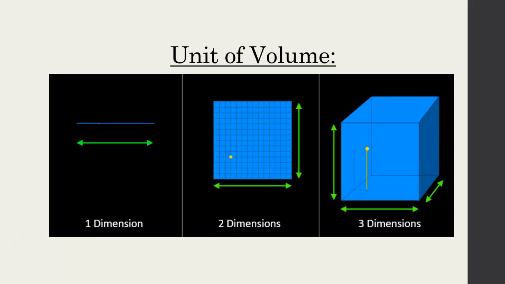We can move up and down, left or right, forward and backward. So what are the units? Well, remember, 1 dimension, let's say centimeters or meters or kilometers. 2 dimensions, we square it, because remember we're counting all these little squares in the actual area. So this would be the area of a sheet. Well, that would be centimeters squared.